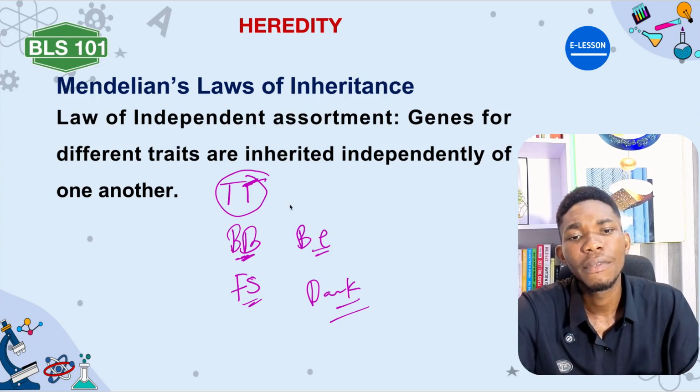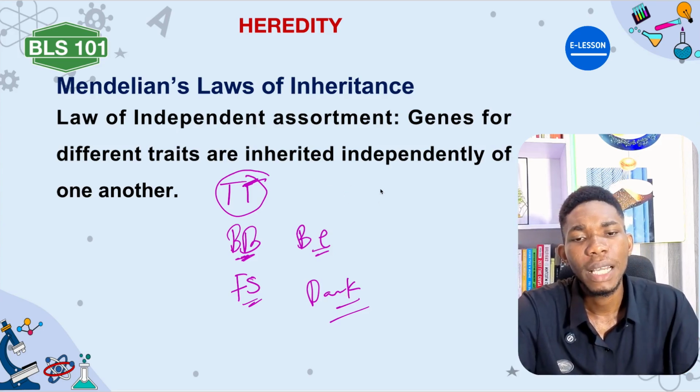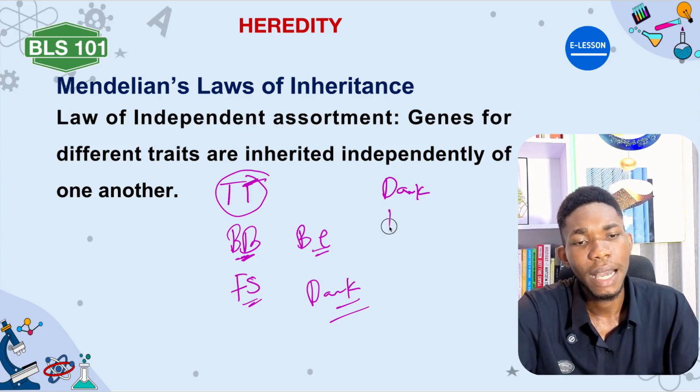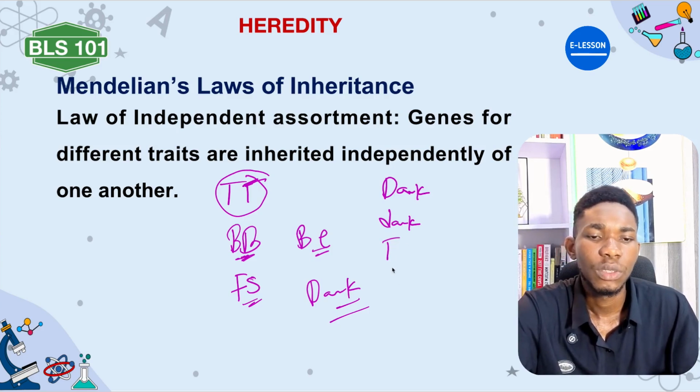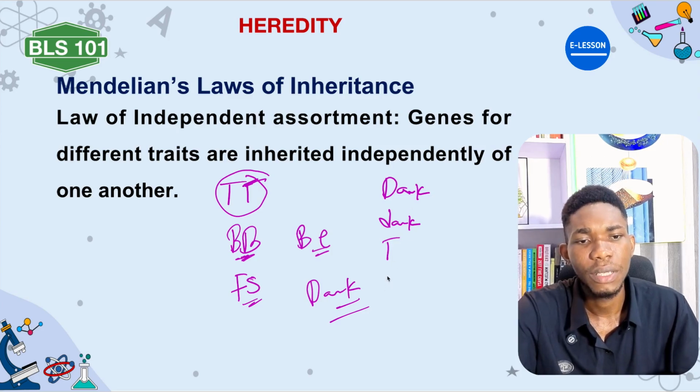Let us say you have an African mom. What are the characteristics of an African woman? The African woman will have normal dark hair, melanin skin, let's say dark skin, right? Let's say she's tall. These are various characters.